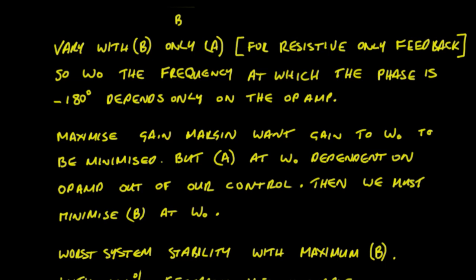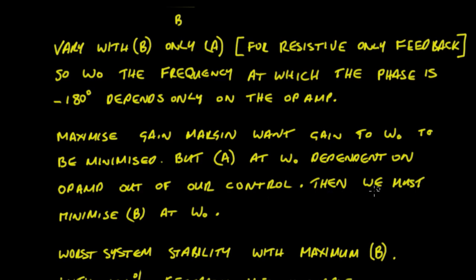To maximise the gain margin, the gain at omega naught has to be minimised, but the op-amp gain A at omega naught is dependent on the op-amp, so it's out of our control.